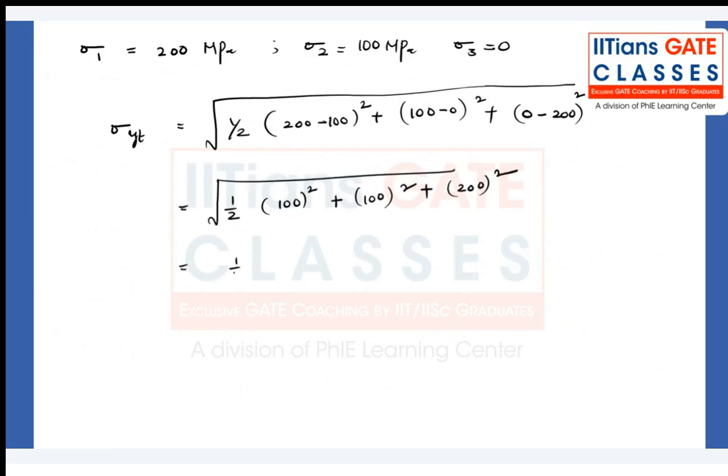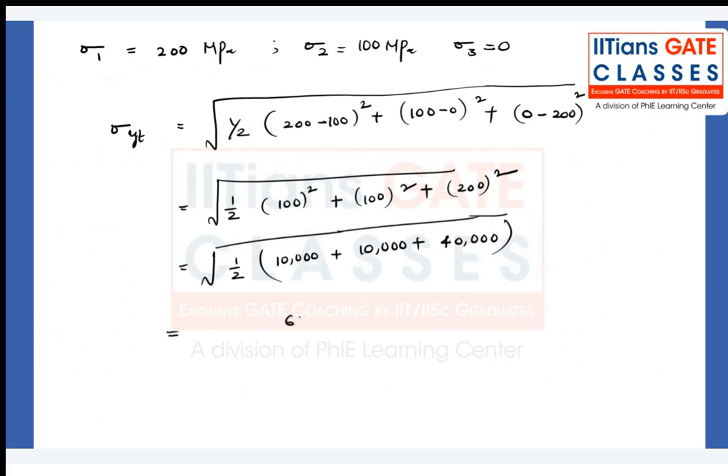Now here, half into the square root of 100 square plus 100 square plus 200 square. 100 square is 10,000, plus 10,000, plus 40,000. From here I can write it as 60,000 divided by 2 under root, such that root of 30,000, so it is going to be 173.20 megapascal.